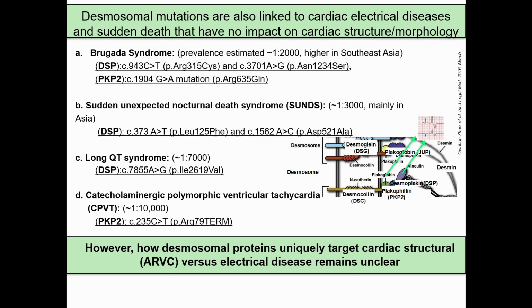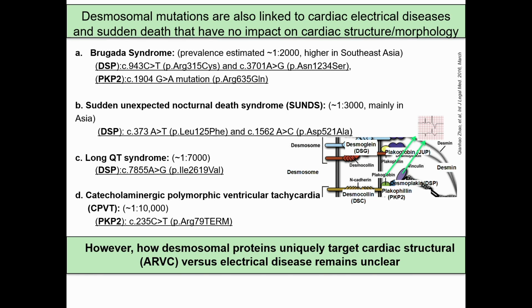You can also get mutations in desmoplakin associated with long QT, as well as CPVT, which are all arrhythmogenic and often have no impact on structure or function in terms of what we classically think of as mechanical dysfunction. So how do these proteins uniquely target ARVC, and how do they uniquely target electrical disease?